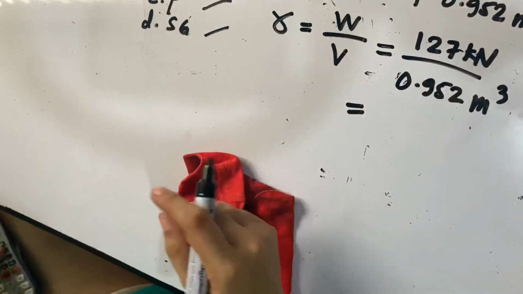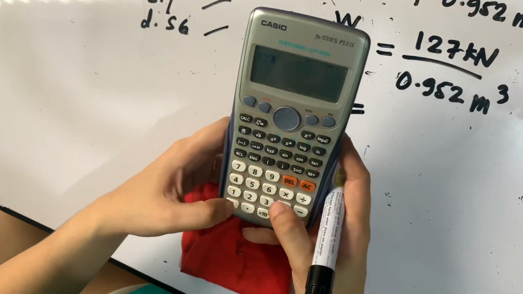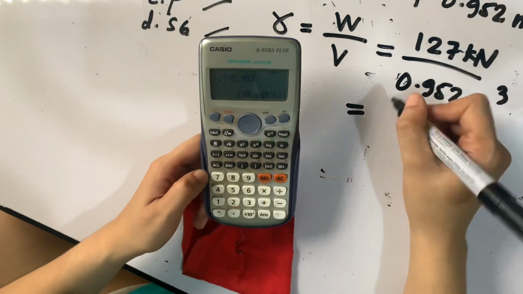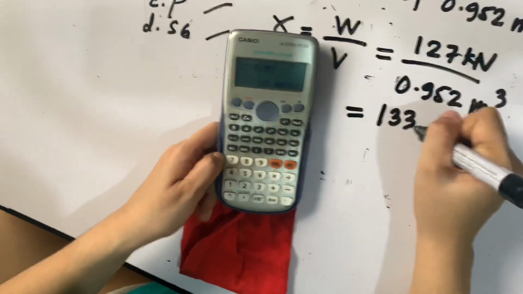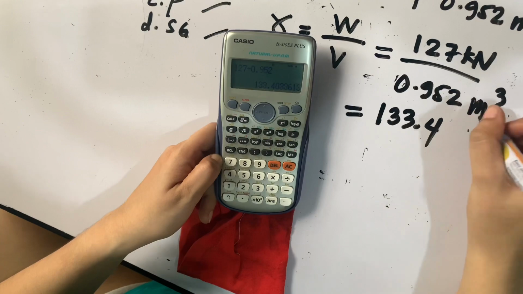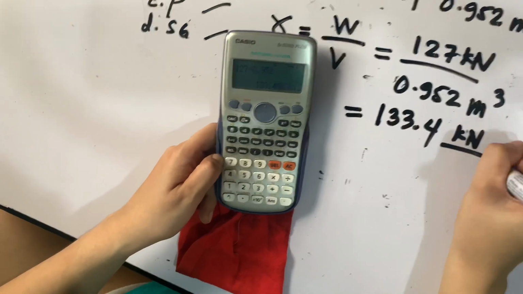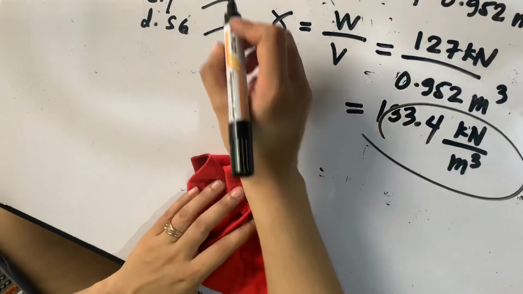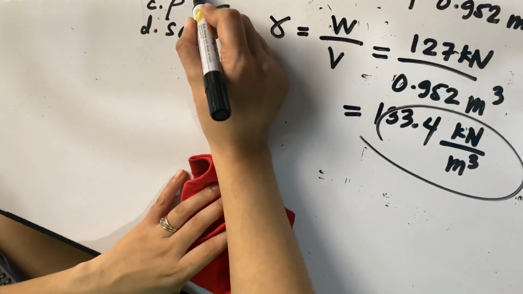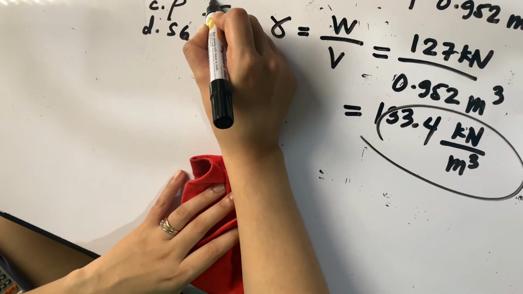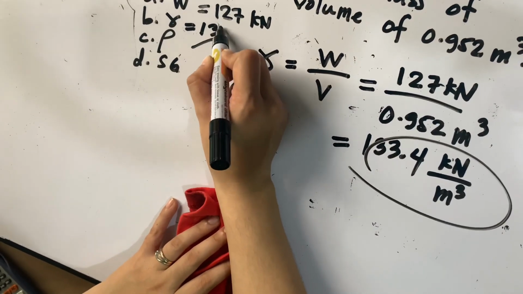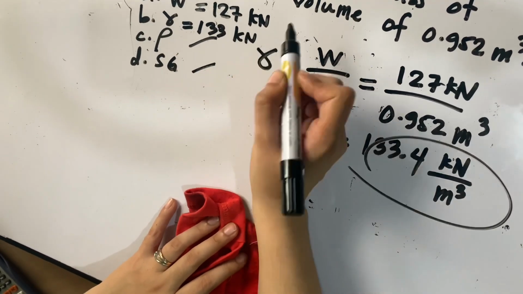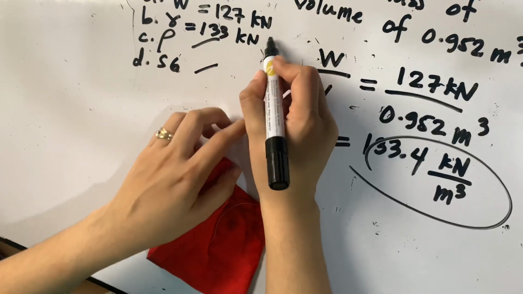That would give us an answer of 133.4 kilonewton per cubic meter. This will be our specific weight.